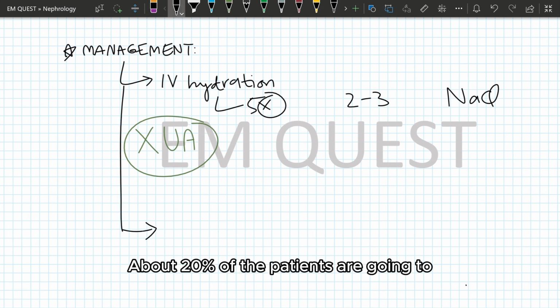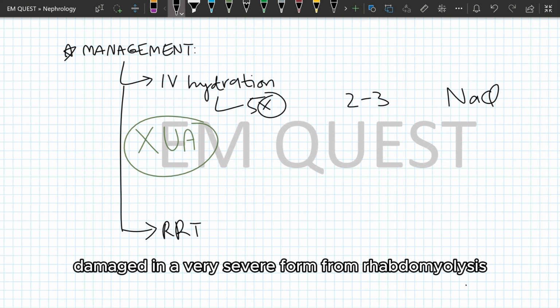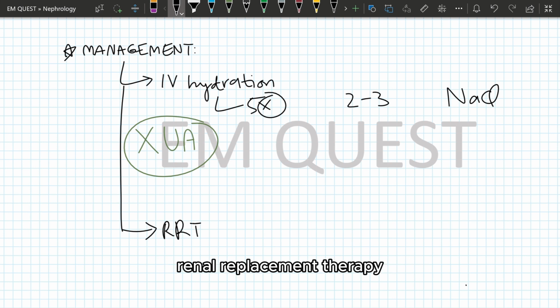About 20% of the patients are going to have their kidneys damaged in a very severe form from rhabdomyolysis, and they are going to end up needing renal replacement therapy.